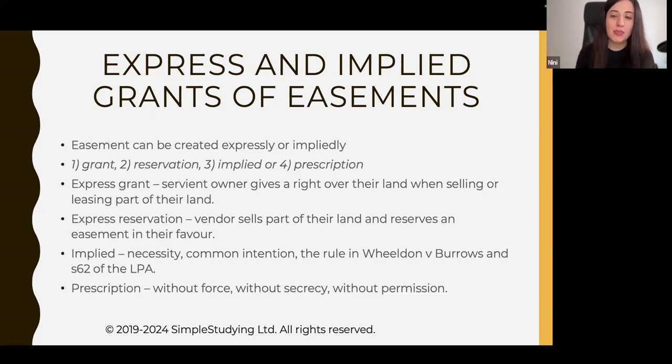So you have to apply the ones that are the most relevant in a problem question. And finally, prescription. Prescription is when you're exercising the easement for an extended period of time. I think it's 20 years, but it has to be without force, without secrecy, and without permission.